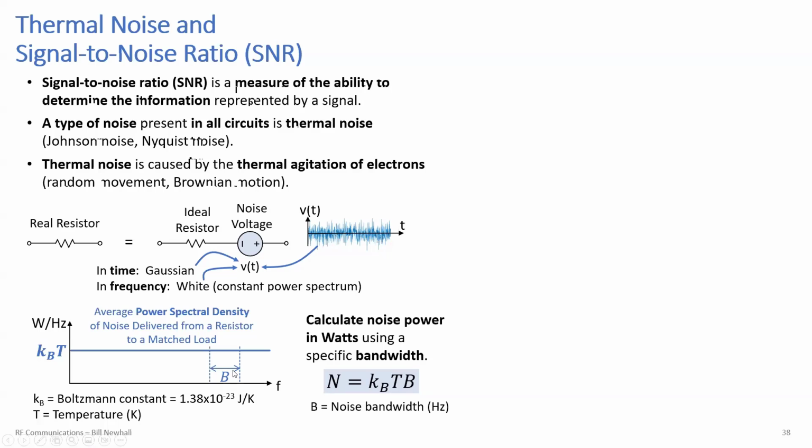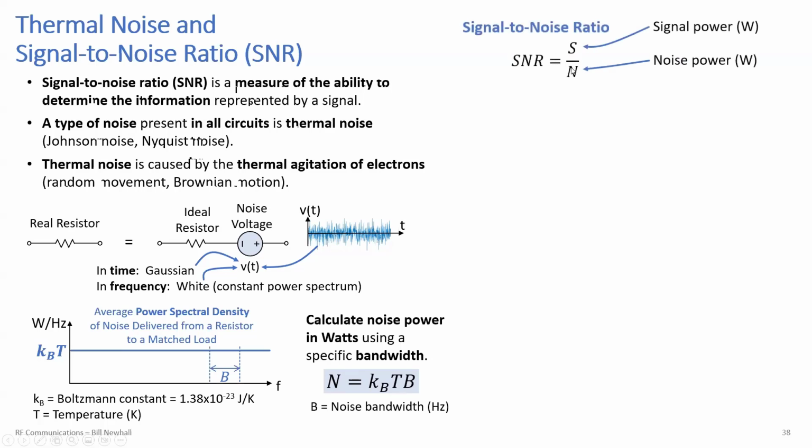You want to make the filter narrow enough so that you reject noise, but wide enough so you don't distort the signal. So this is where that comes in. You want to make B as small as you can without distorting the signal. That gives you lower noise, and that gives you a higher signal-to-noise ratio, which is what you want.